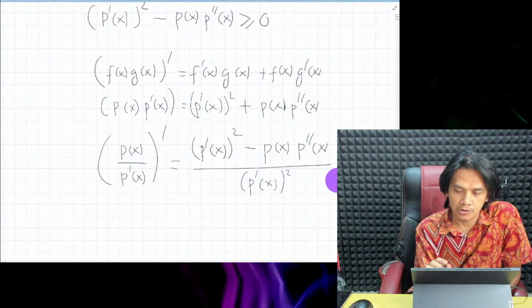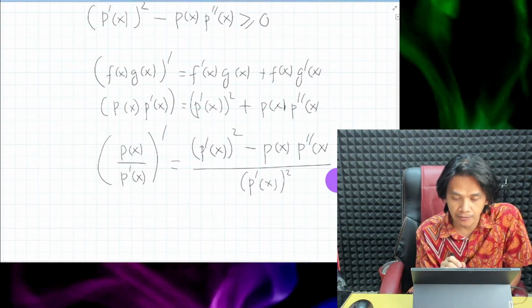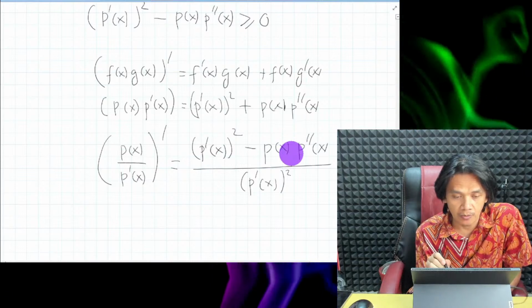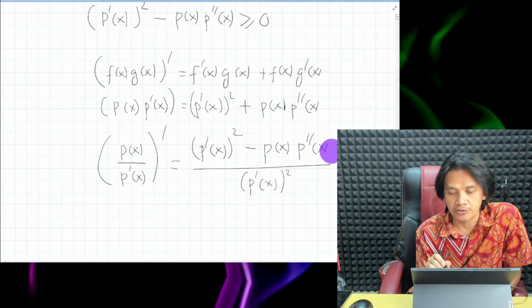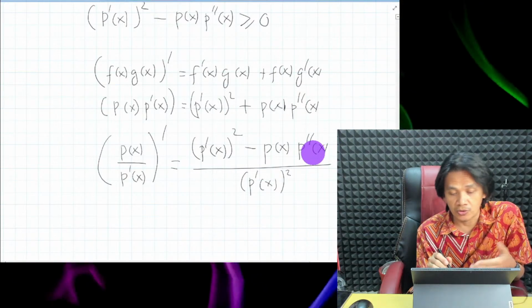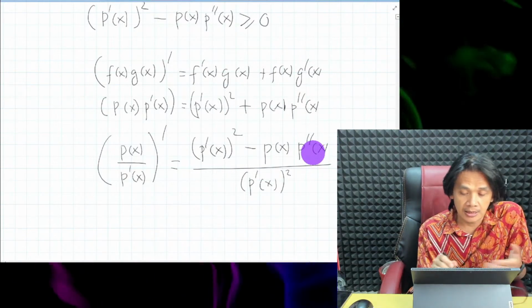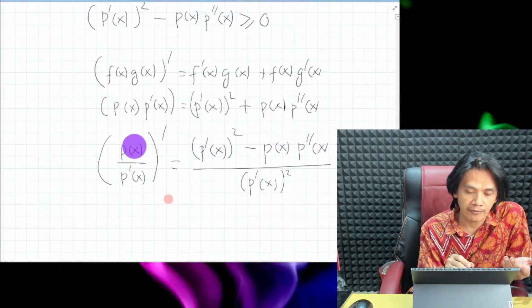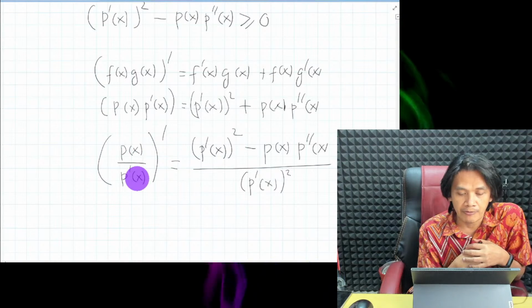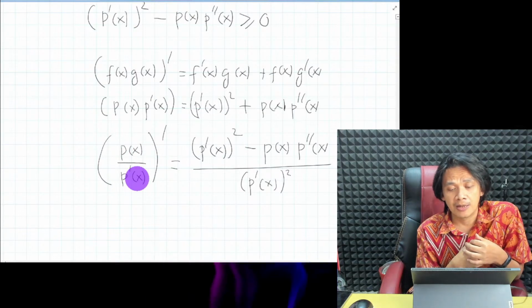Now, basically, what we want is that we want the numerator to be greater or equal to 0. So in some sense, it is equivalent to say that the graph of p of x over p prime of x is increasing, right?